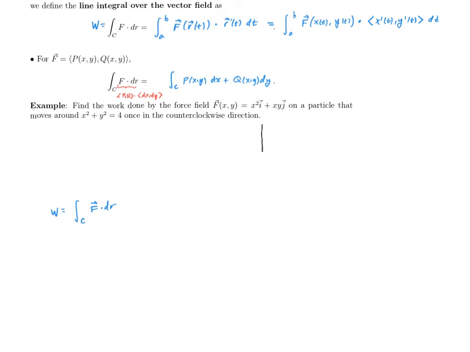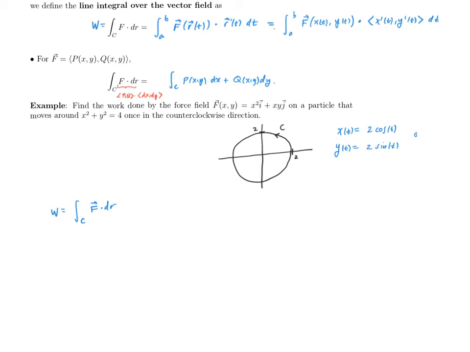And I recommend always sketching a picture just in case it helps or gives some bit of intuition. So we go one time around the curve, which is made up of a circle of radius 2 centered at the origin. And note, because we are going in the counterclockwise direction, the parametric description of choice would be x of t is 2 cosine t, 2 being the radius, and y of t is 2 sine of t.